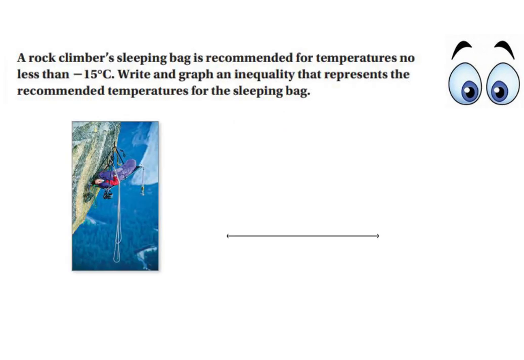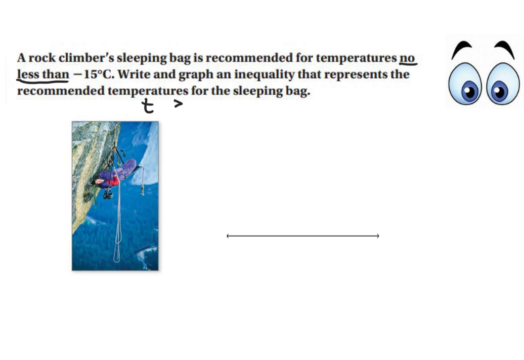A rock climber's sleeping bag is recommended for temperatures no less than -15 degrees Celsius. Write and graph an inequality that represents the recommended temperature for the sleeping bag. So let's say temperature is going to be represented with the variable T. No less than, where does it say no less than?